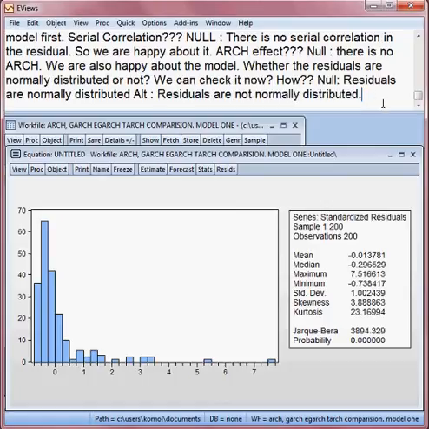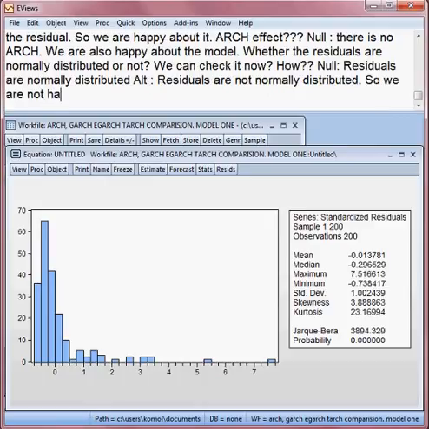So we are not happy about this. But this model has no serial correlation and no ARCH effect, so we are happy about that. Only one problem is that residuals are not normally distributed.